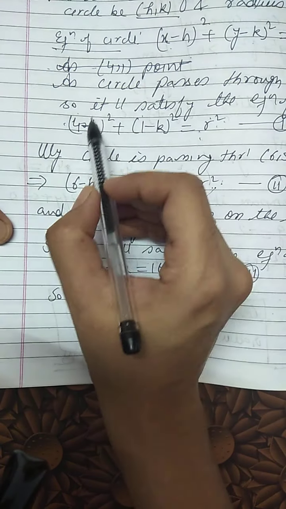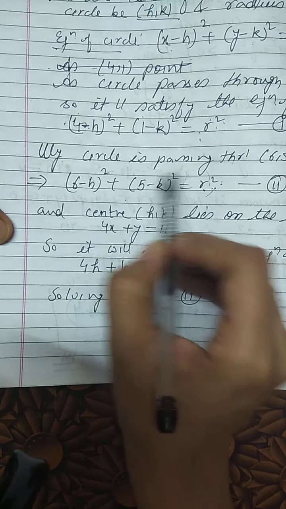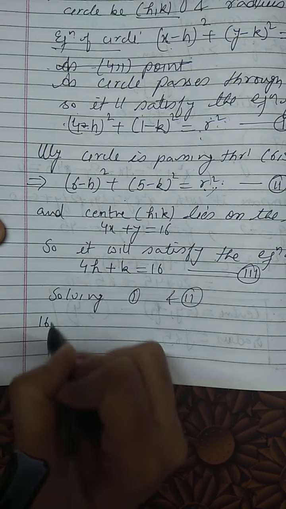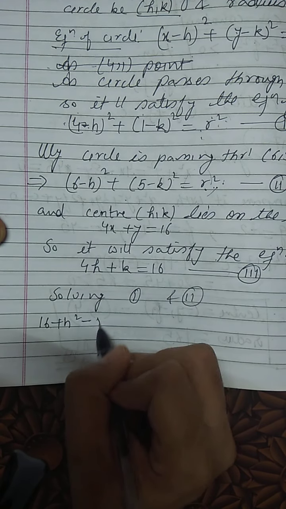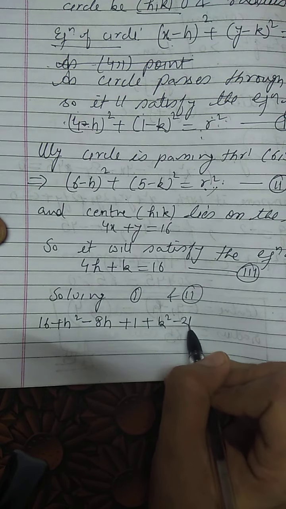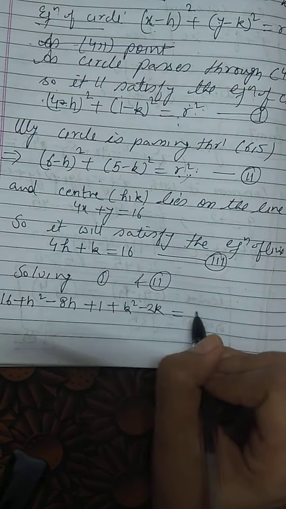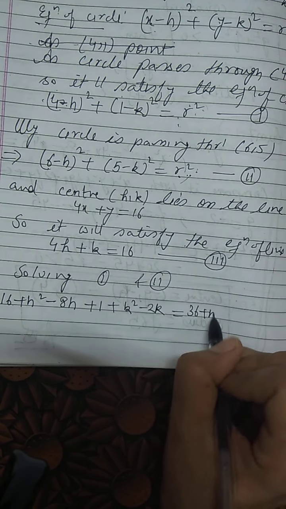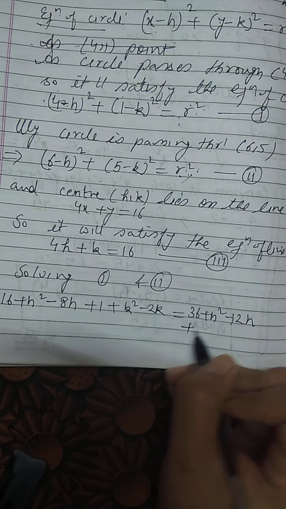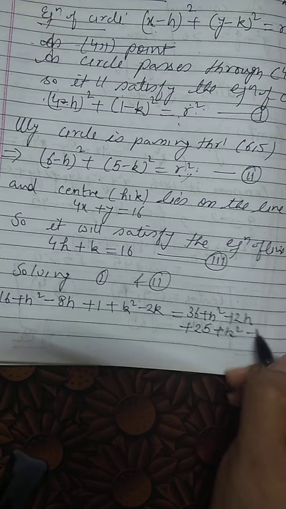If I expand the terms, applying (a minus b) square in all these 4 terms, we get 16 plus h square minus 8h plus 1 plus k square minus 2k equals 36 plus h square minus 12h plus 25 plus k square minus 10k.